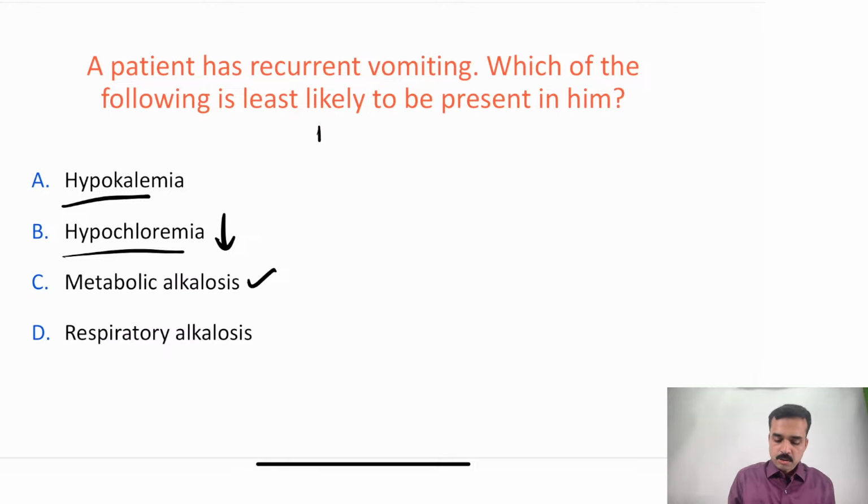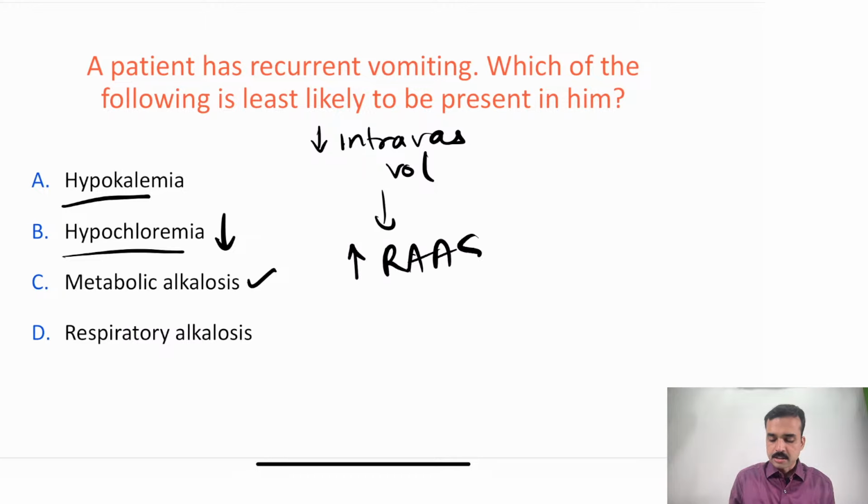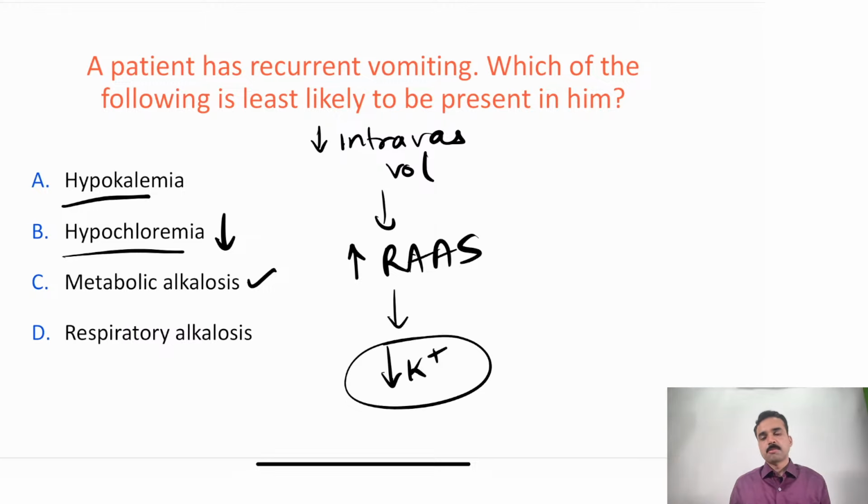Because of reduced intravascular volume, there is increased RAS activation, and secondary hyperaldosteronism will finally lead to hypokalemia, right? In general, even alkalosis itself can lead to hypokalemia because potassium shifts inside the cells, but even because of RAS activation, the potassium levels will drop. So all these are expected.